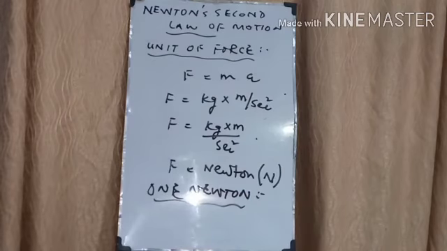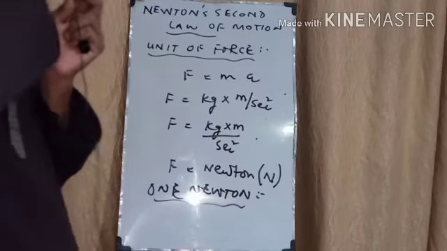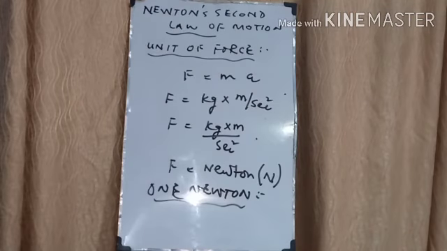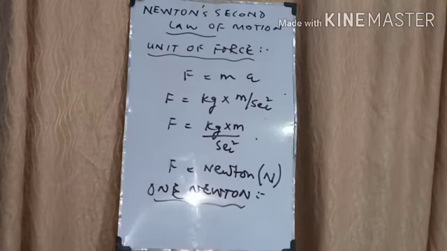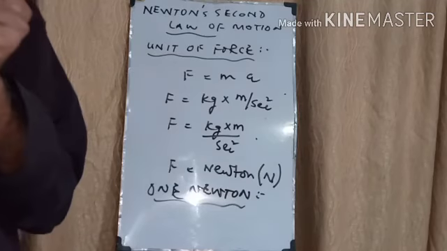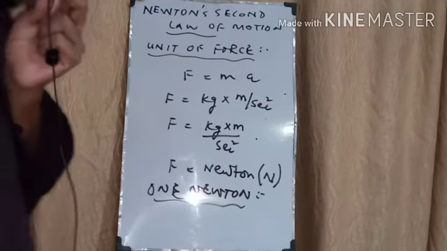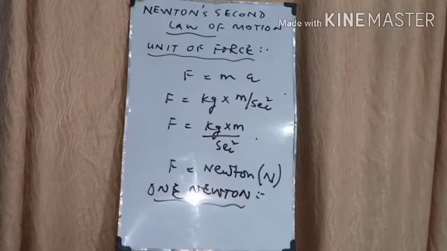That means when we apply a force of 1 Newton on a body having a mass of 1 kilogram, it produces 1 meter per second square acceleration. 1 Newton means when we apply a force on an object having a mass of 1 kilogram, it produces acceleration in the direction of the force of 1 meter per second square, and the force comes as 1 Newton.